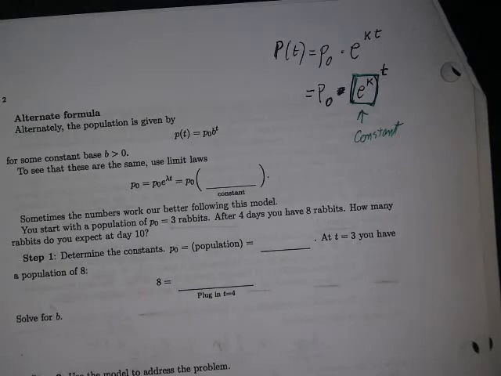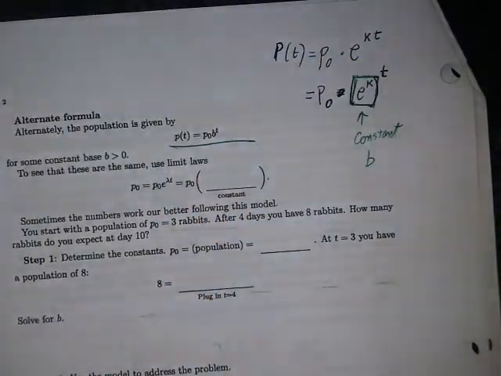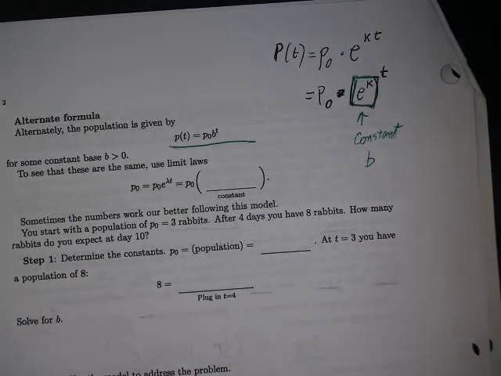Instead of writing down e to the kt and trying to figure out what k is, let's just directly figure out what e to the k is, not what k is. So I'll give that a name. That's a constant. Let's call it b. And we'll get another model for population growth: P of t is p0 times b to the t, where b is some unknown constant base, and p0 is the initial population.